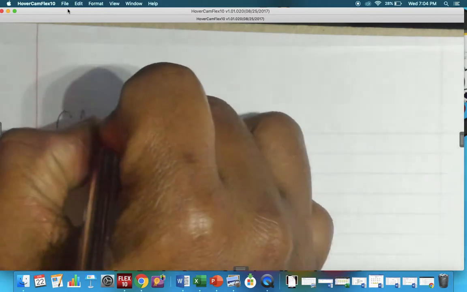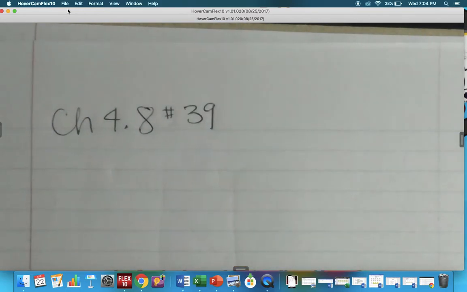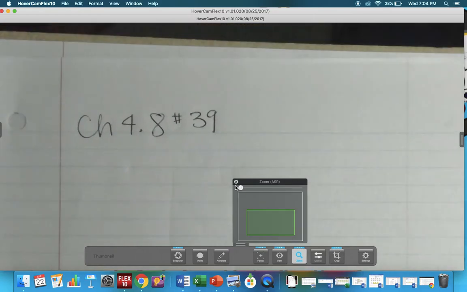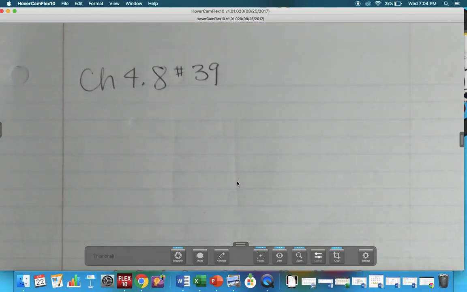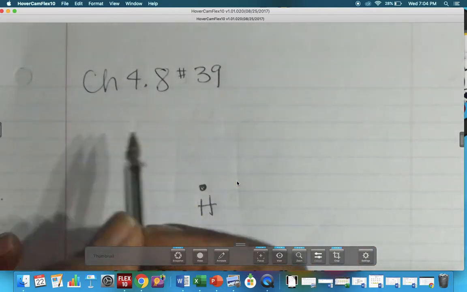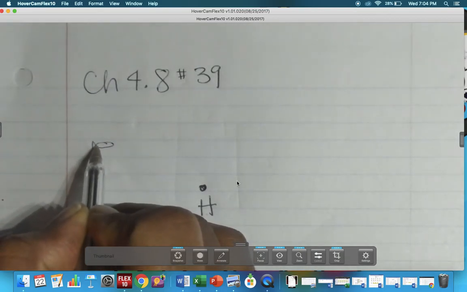Okay, so let's draw a picture that kind of represents that and then look at what trig ratio we can use. So this is 4.8, number 39. I'm going to zoom out a little bit. Okay, so let's say my home is here and there's a plane that's flying over, right?